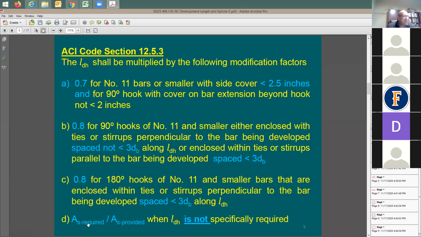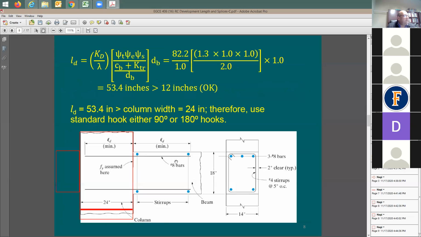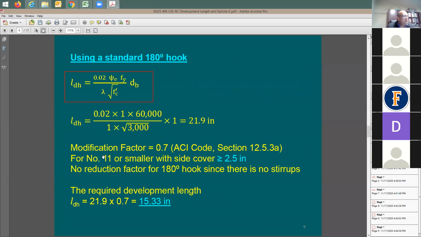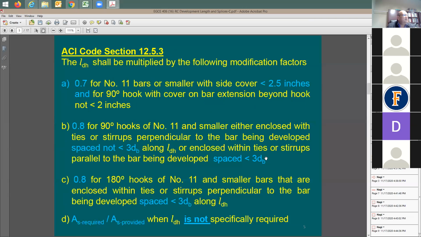In this case, you can reduce it by dividing the required by the provided and multiplying by Ldh. So let's see, what factor did we use? The factor we used was 0.7, for rebars with side cover of 2.5 inches or more, which means this condition here, right?